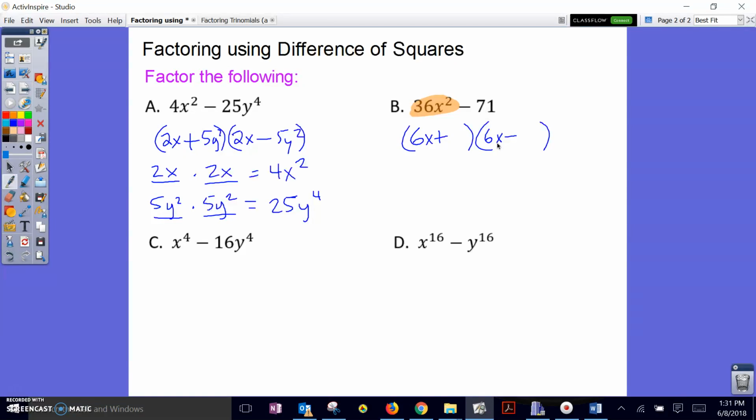There is no whole number that when we multiply it times itself gives us 71. 8 times 8 is 64. 9 times 9 is 81. 71 falls in between those two. So we would say that this one is not factorable, or we would just go ahead and leave it as is.